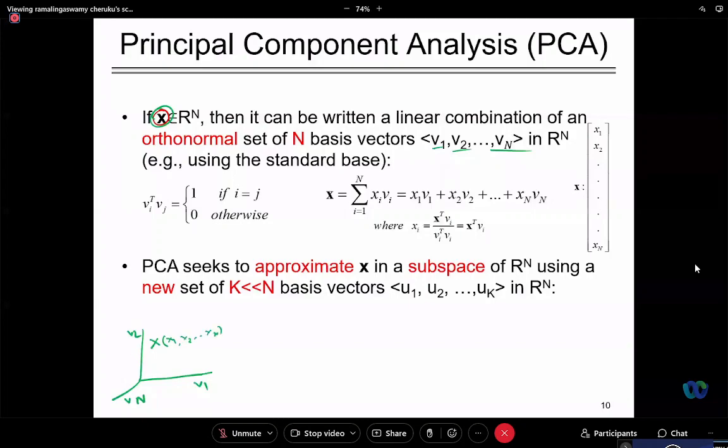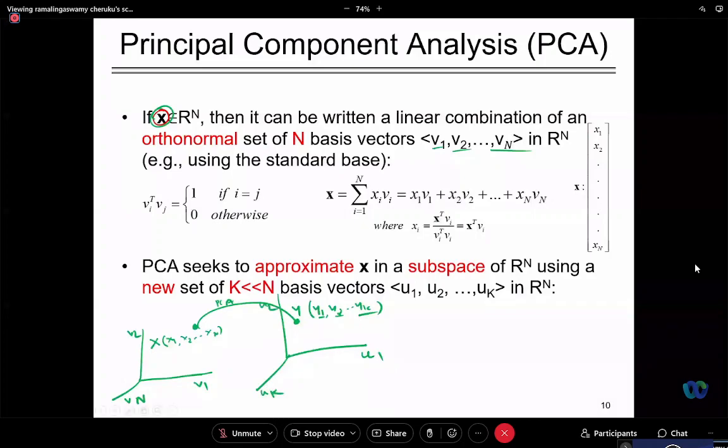Now I am transforming by using PCA, we will talk about how the PCA does it, to a new set of dimensions such that it is transforming to y, such that y1, y2, and yk. And the interesting thing over here is the basis vectors are here u1, u2, uk.